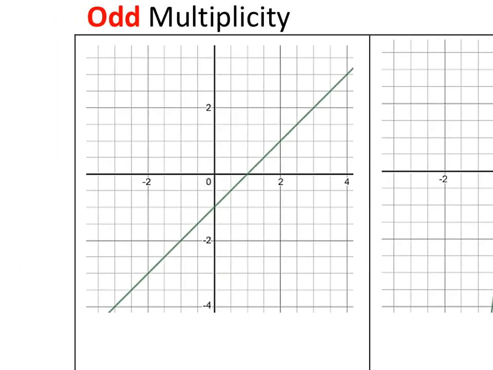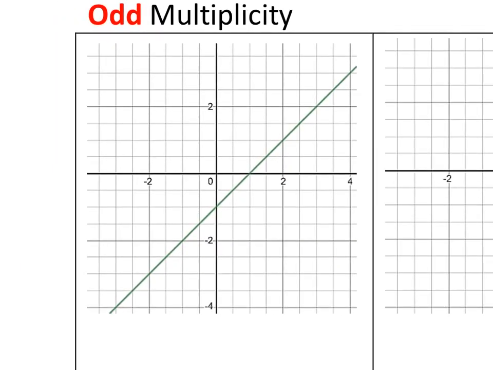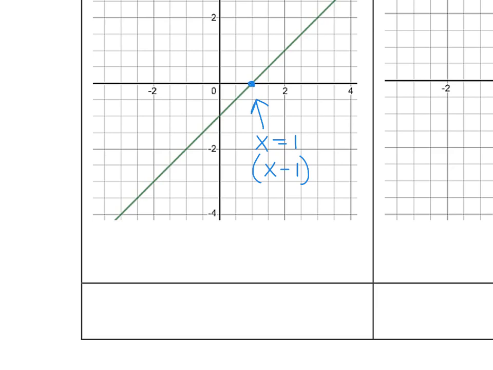So this is clearly linear, and in the past we would think of this as y equals mx plus b, but in this case I'm going to ask you to think about this more in terms of factors. So in this case we have x equals positive 1 is our 0, and if we wrote that as a factor, that would look like x minus 1. And if we were to write that as a function, then we've got y equals x minus 1.